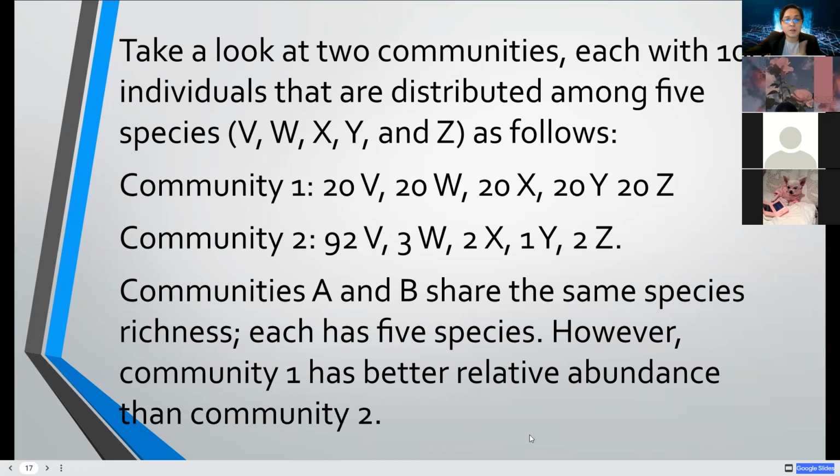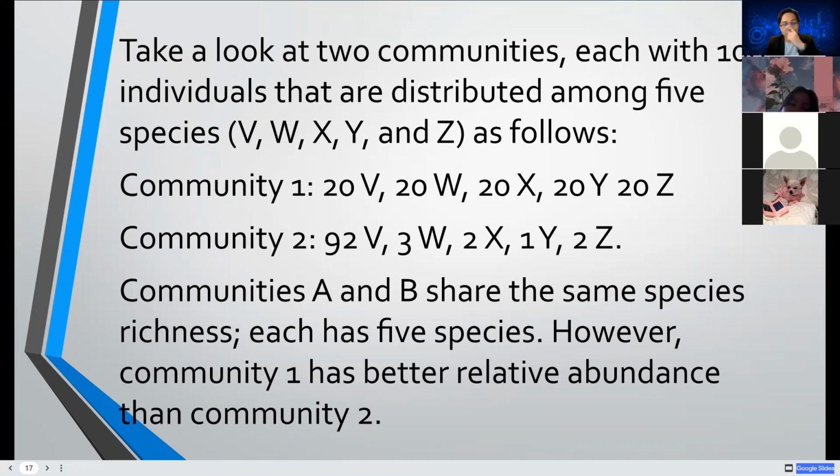Because the distribution of organisms is equal. The distribution of energy here is equal compared to community 2. Maybe species V, which has 92 individuals, is abundant because they are scavengers or tertiary consumers, and they consume W, X, Y, and Z. But community 1 has equal distribution, so this is more diverse than community 2.